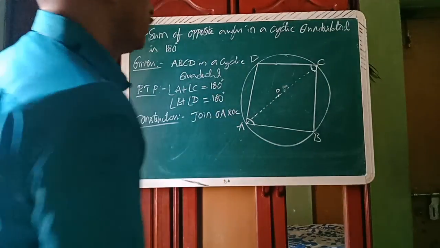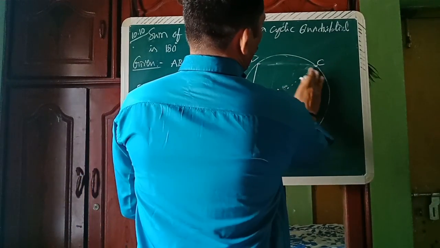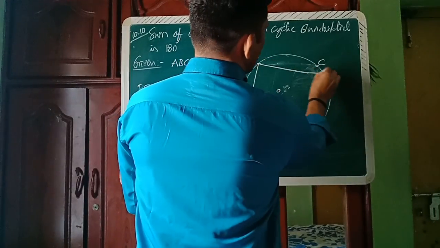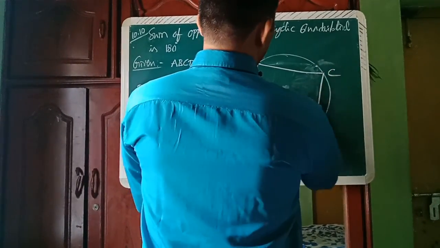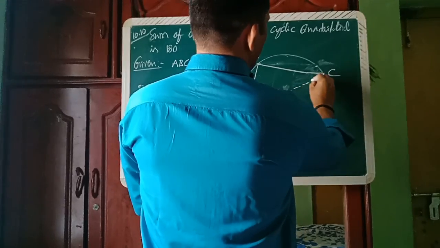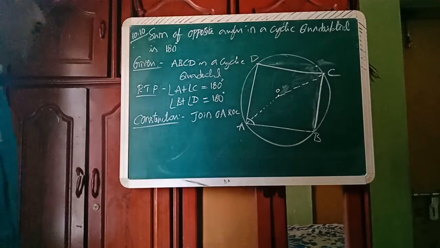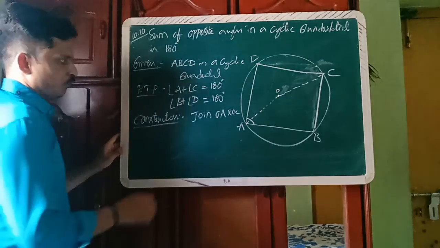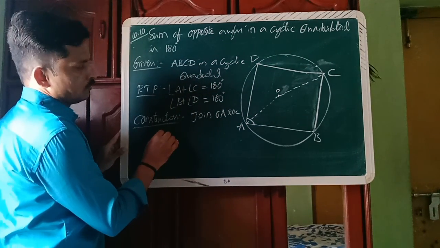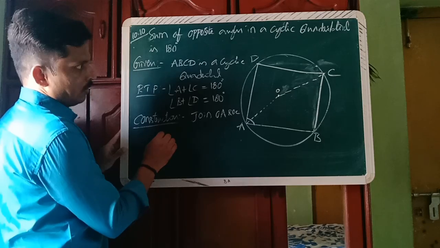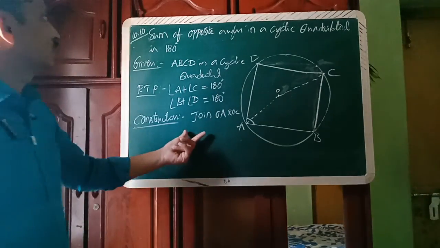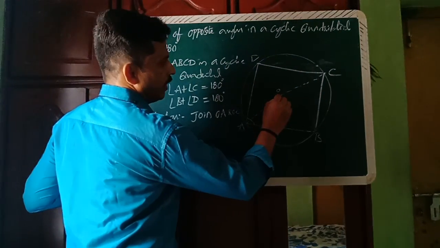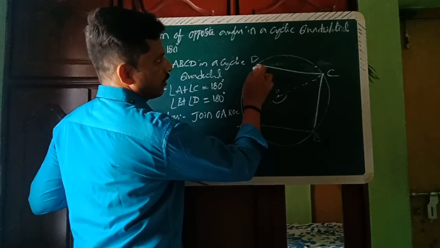Next, here also you have to use the 10.9 theorem. The theorem says this is the double, this is the half.